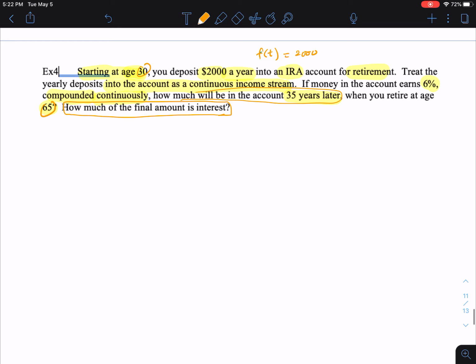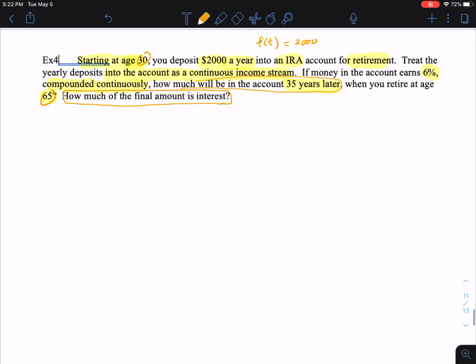Okay, so just quickly here, we know that if he's going to deposit 2,000 per year, then in 35 years, or in 35 installments, we're looking at 2,000 times 35, so a total of 70,000 deposited into the account. Right? Would you agree on that? All right.